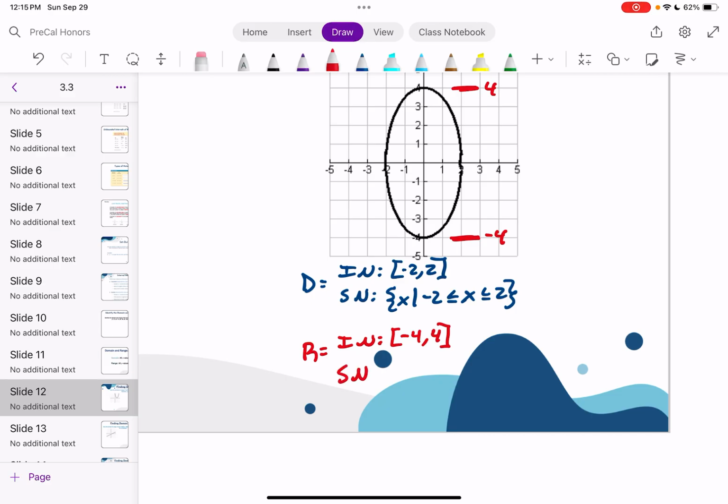Our set notation would be y such that -4 is less than or equal to y, which is less than or equal to +4.